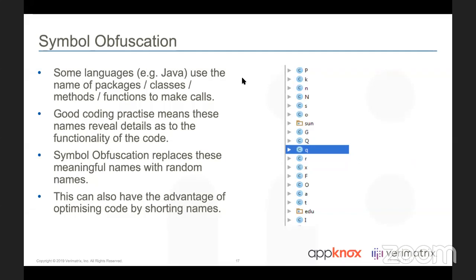It strips the information from the name. It leaves the code functionally the same, but removes meaningful information. There's also a nice side effect: we can go from long, meaningful names to very short names, so we get a slight advantage of optimizing the code, making it smaller. That's probably the most common form of obfuscation that developers are familiar with.